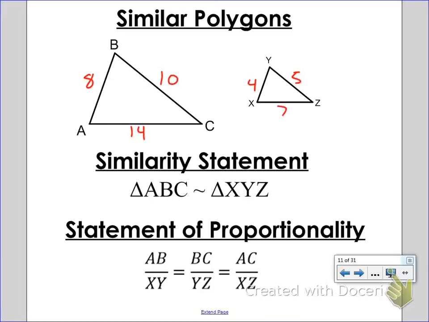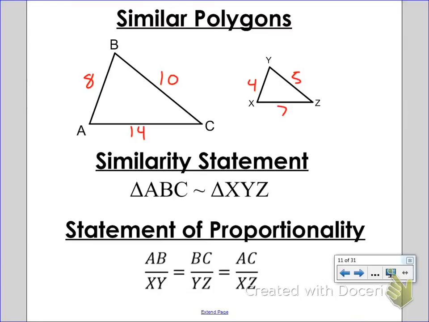The ratio of AB over XY would be my first ratio, 8 over 4, which would reduce to 2 to 1. BC, which is 10, over YZ, which is 5, would also reduce to 2 to 1. And then AC, which is 14, over XZ, which is 7, would also reduce to 2 to 1.